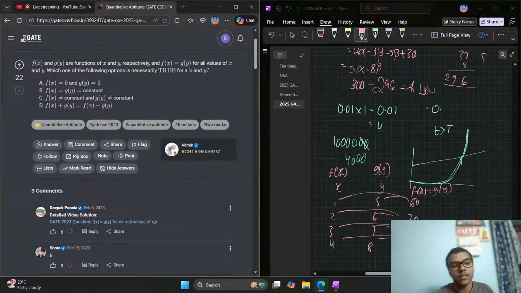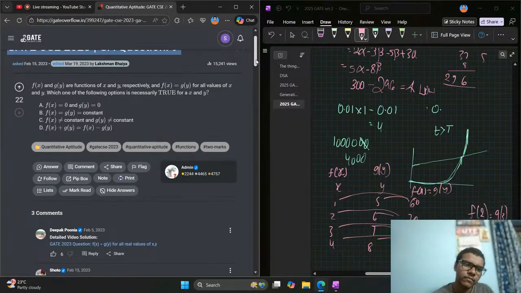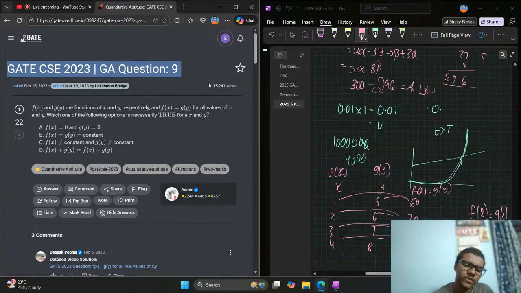We had the wrong interpretation, I guess. F of 2 is equal to g of 3 is equal to 5, let's say, for all values of x and y. F of 3 is equal to g of 10 is equal to 20, let's say. Okay.